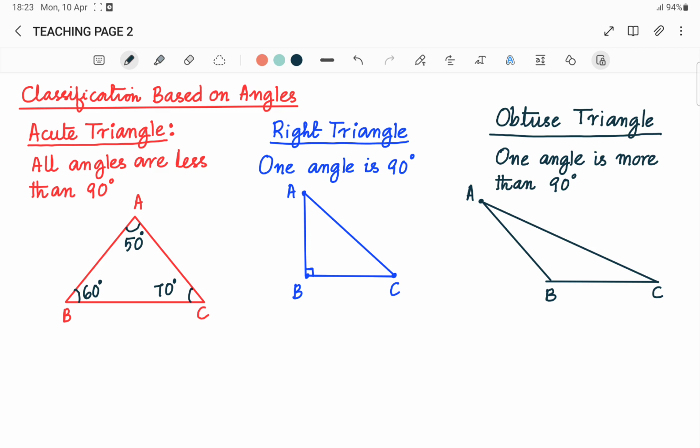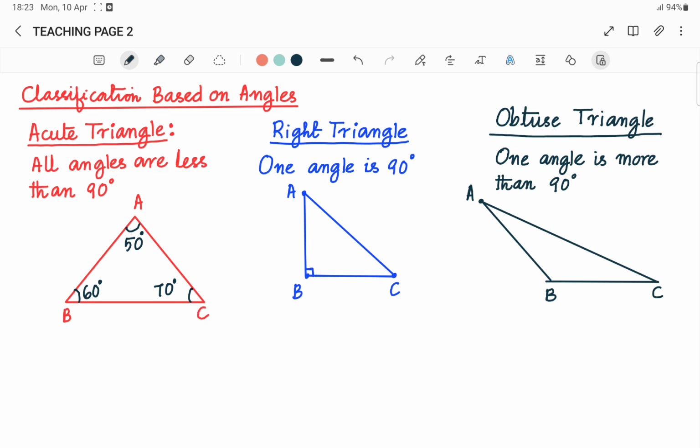Here, how to identify the acute triangle? We have a condition for how you can identify. Based on the sides also you can identify an acute triangle. If angles are given, you will check the angles, and if all the angles are less than 90 degrees, you can call it an acute triangle. Suppose if sides are given, how can you identify whether it is an acute triangle or not?